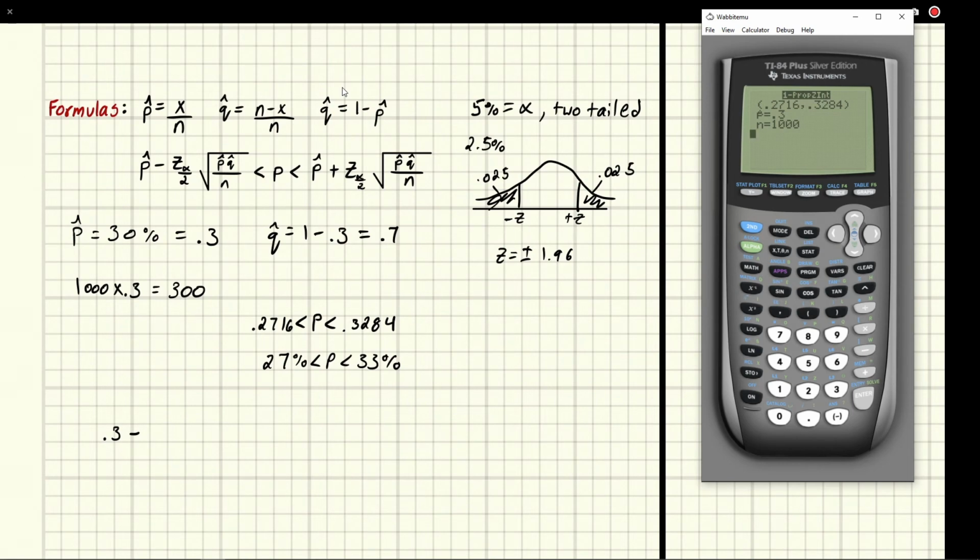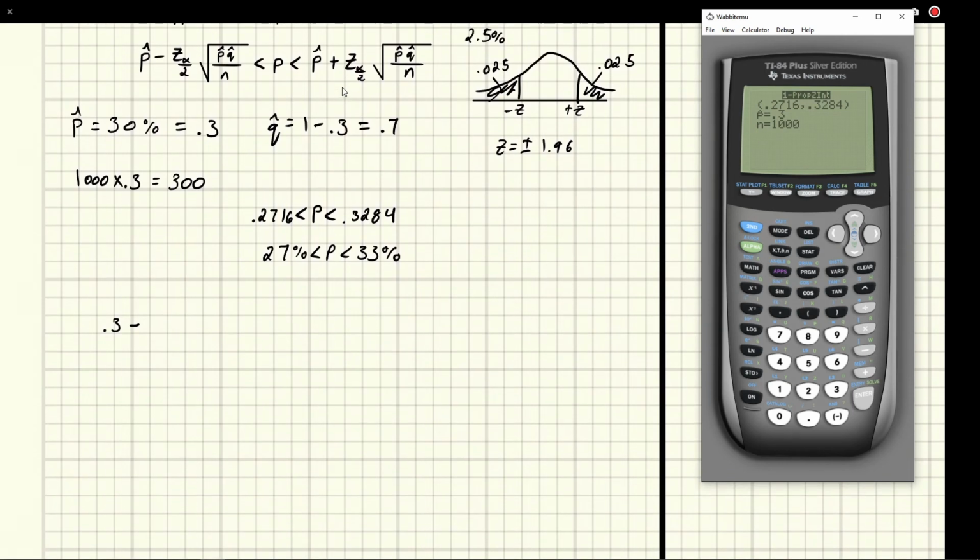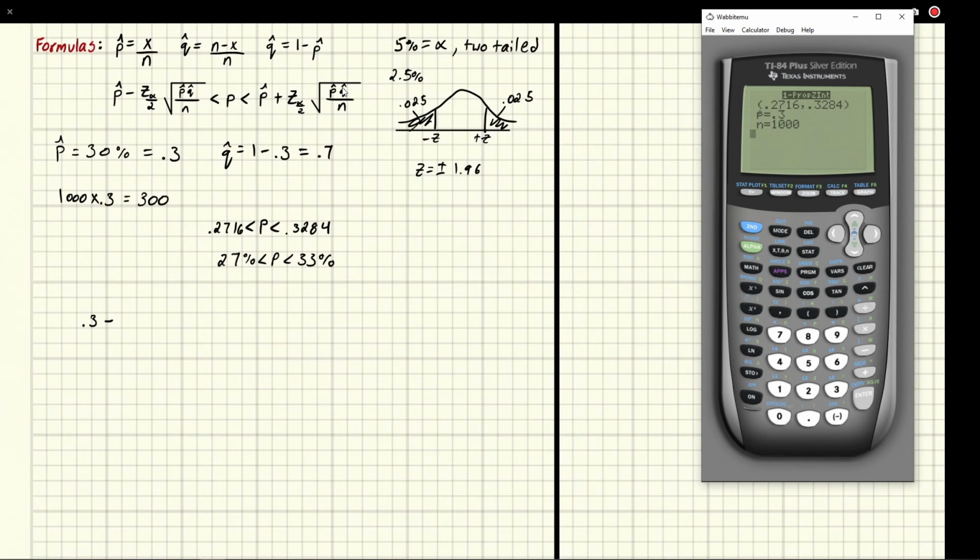So, okay, let's go ahead and do that. So that's our z of alpha over 2. So we're going to pop that in. So we have 1.96. And then we have the square root of p times q. So p hat times q hat. That's 0.3 times 0.7.